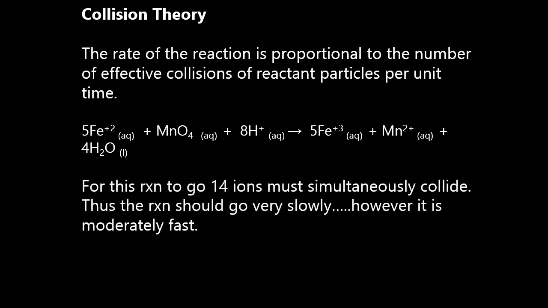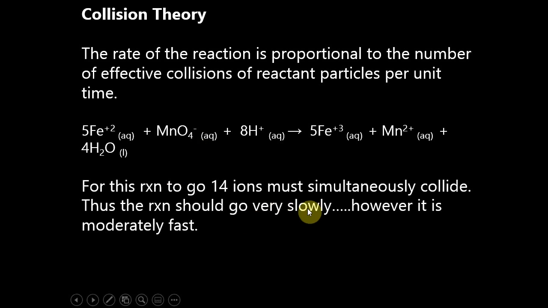So, if you've got a reaction where you've got like 14 ions that have to simultaneously collide, then that's probably not going to happen all that readily. It's going to take a while before that reaction actually starts to go and then propagates.